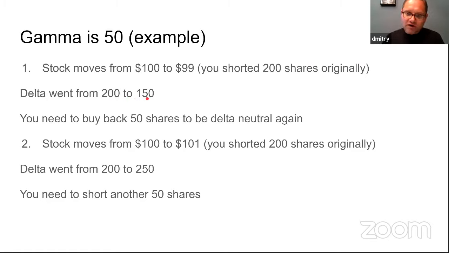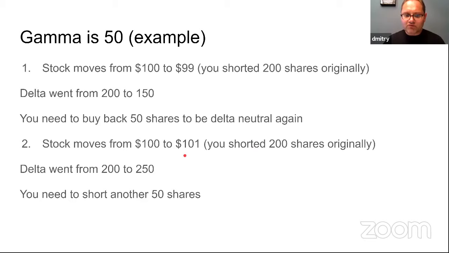What happens? If our new delta is 150, but we shorted 200 shares, we've got to get delta neutral again. That means we need to buy back 50 shares. Out of the 200 shares that we shorted, the stock goes to 99, so we buy 50 shares to get back to delta neutral. Once we buy back those 50 shares, we're short only 150.